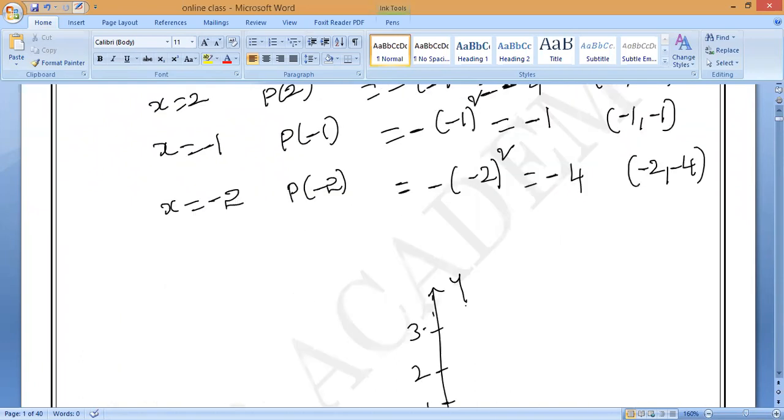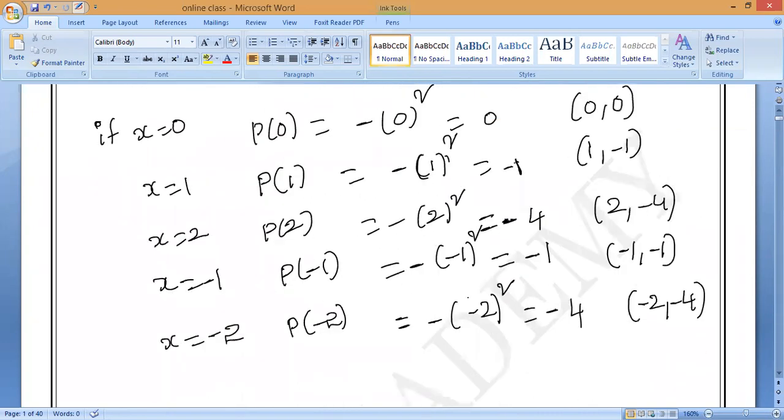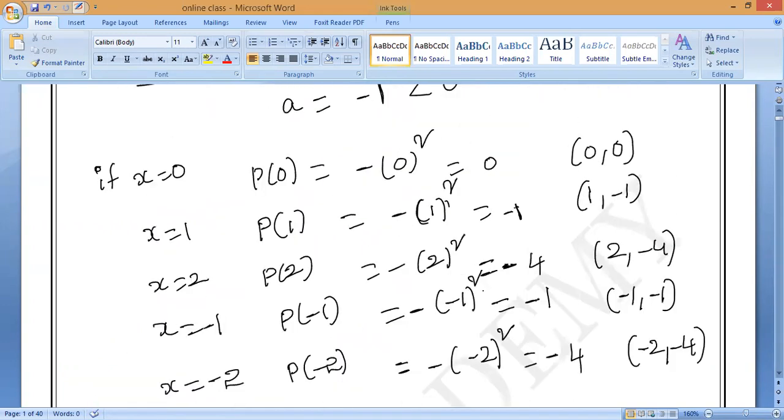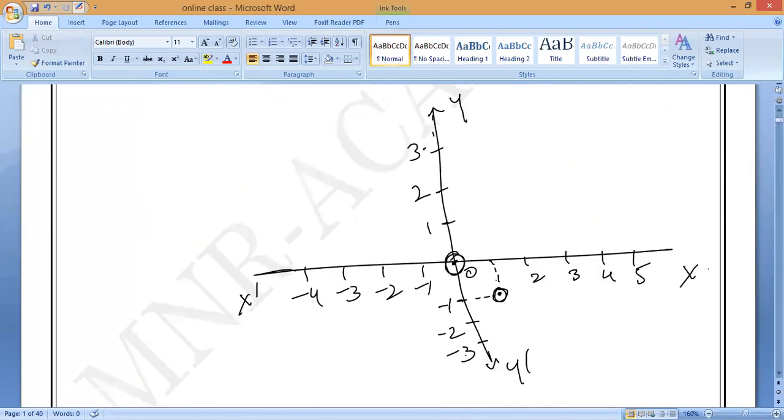First point is 0 comma 0. Next point 1 comma minus 1: on the x-axis 1, y-axis minus 1. This point is 1 comma minus 1. What is the next point? Next point 2 comma minus 4. On the x-axis 2, y-axis minus 4.